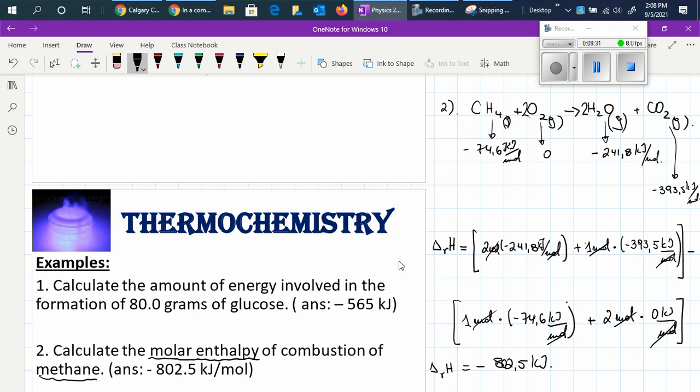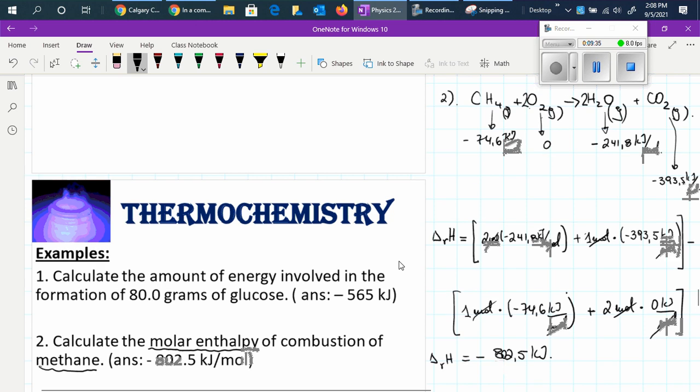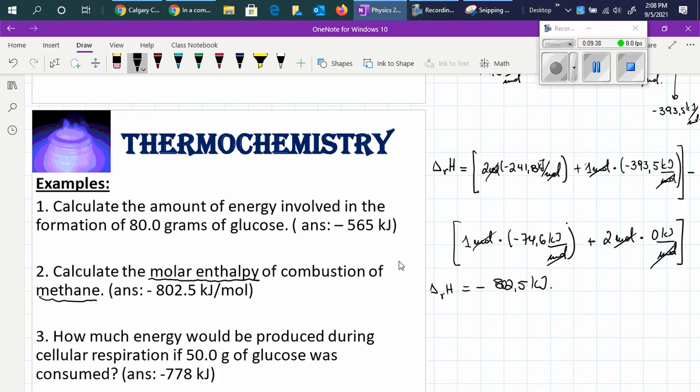So we take this number and divide it by the number of moles of methane in the balanced equation. So the molar enthalpy of combustion of methane will be negative 802.5 kilojoules per mole of methane.